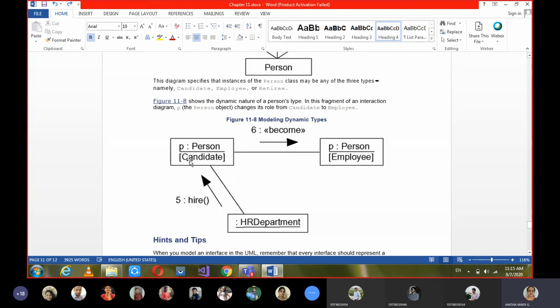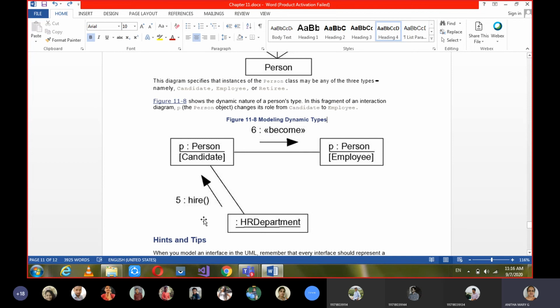And once a person is hired from the HR department, he is going to become an employee. So exactly this shows the dynamic parts of this example. Again I repeat, the HR department instance is going to hire a person, and then that person is going to become an employee. And why are we giving numbering here?